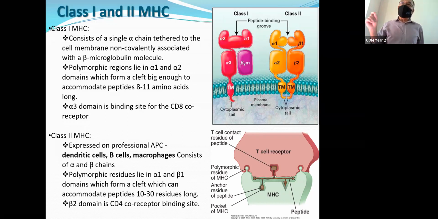What makes the HLAs different to other genes in the blueprints in our body is that the alleles that we inherit from both our mothers and our fathers are expressed.